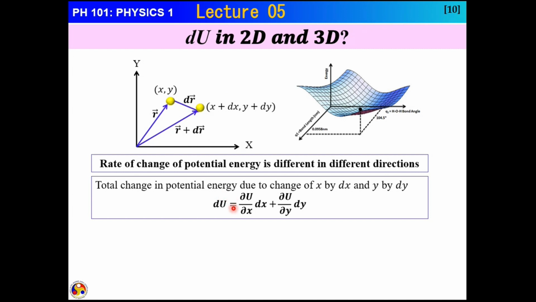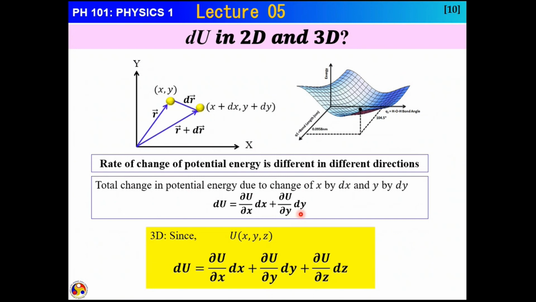The total change of the potential energy is the rate of change of potential energy with respect to X times the amount of change we have made in X, plus the rate of change of the potential energy along Y times the amount of change we have made along the Y direction.